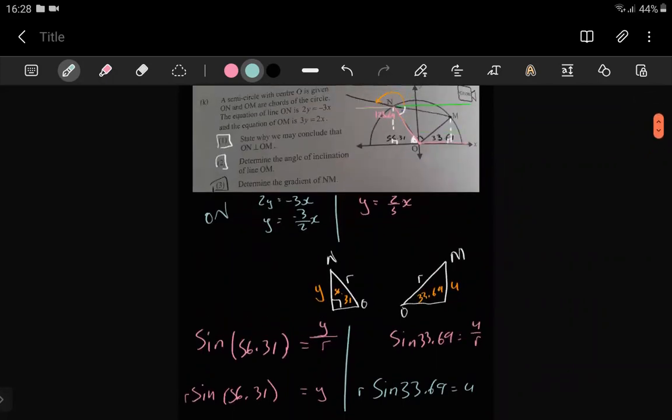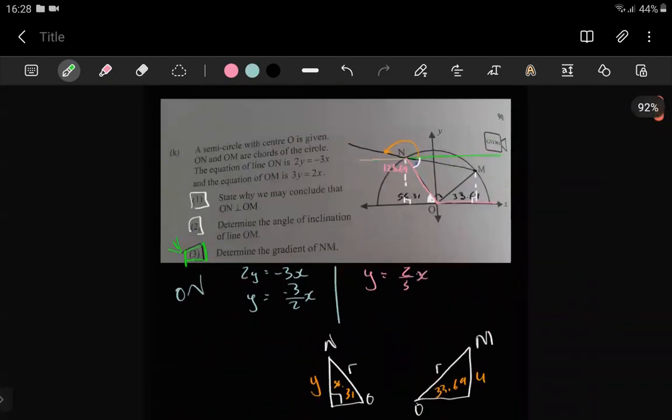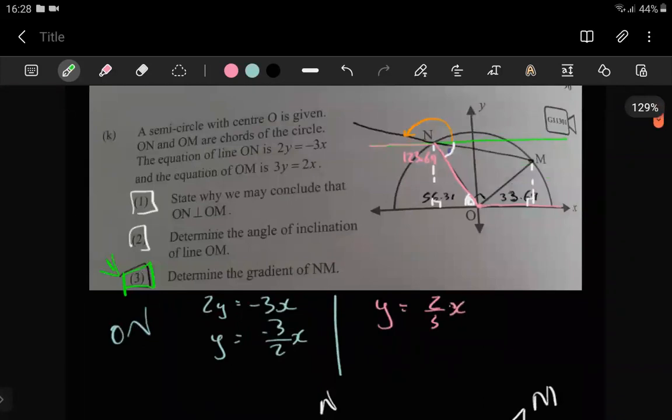Because getting the gradient, what does the back of the book say for 3? I don't think we ever checked. For number 3, it says minus 0,2.